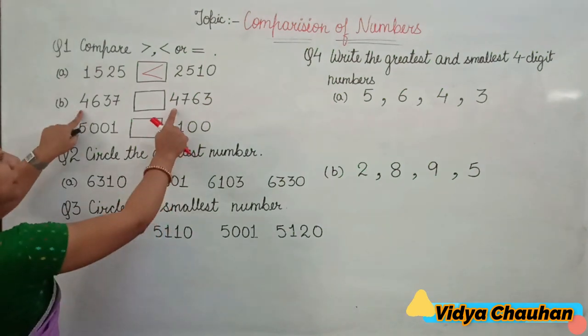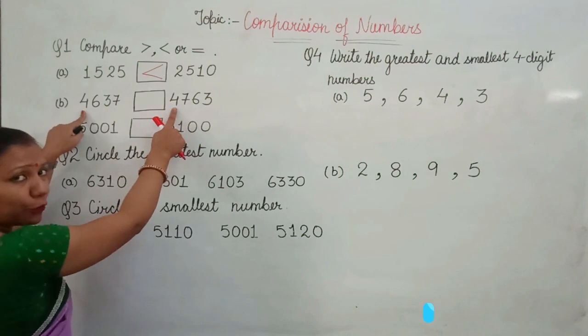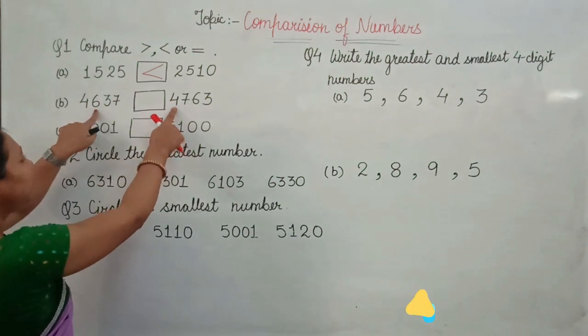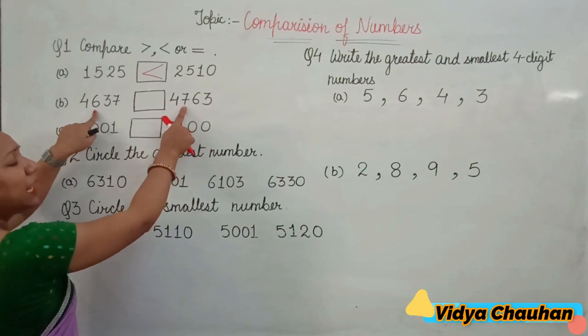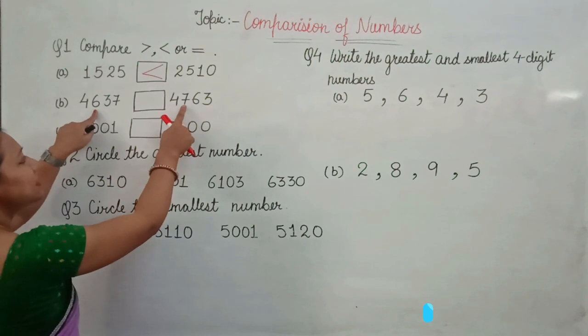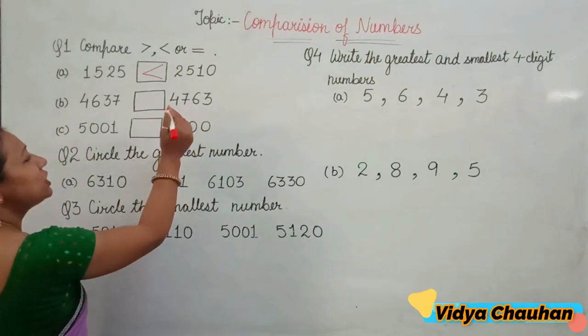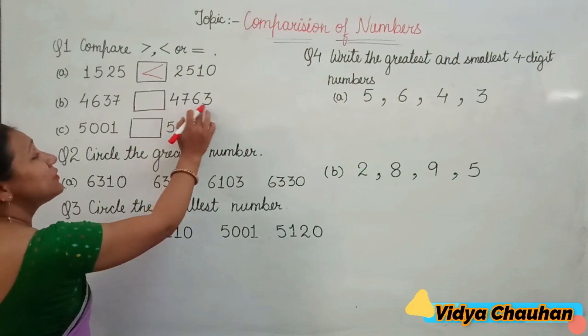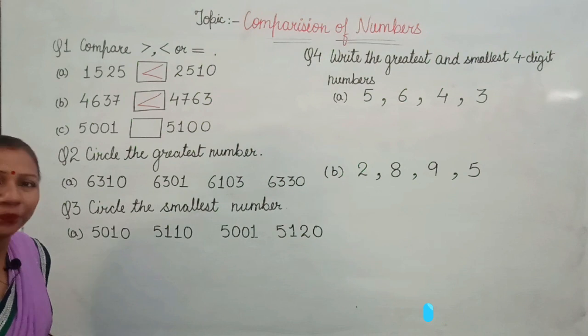Once again, when you compare its first digit at 1000 place, 4 and 4 both are equal. Comparing the next digit at 100 place, here we have 6 and the next number is 7. So which digit is greater? 6 is greater or 7 is greater? Yes, 7 is greater. So hence you can say that 4763 is the greater number.